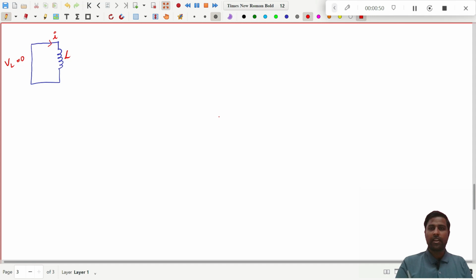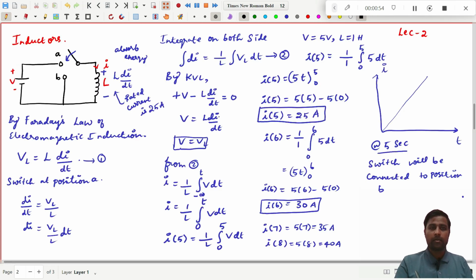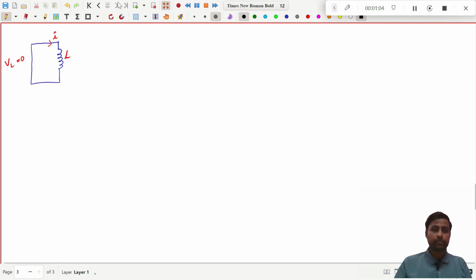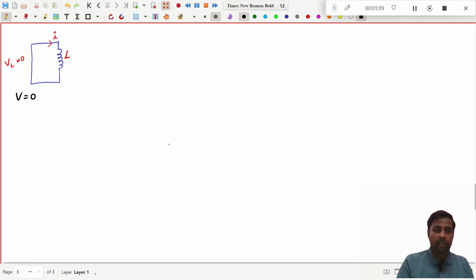So if VL becomes 0, and you see in the previous page, you see V is equal to VL, right? So if V is equal to VL, now here V will be equal to 0, that is nothing but will be equal to VL.